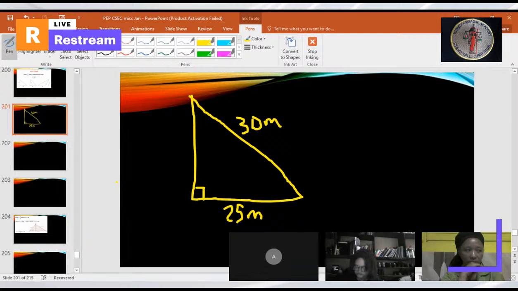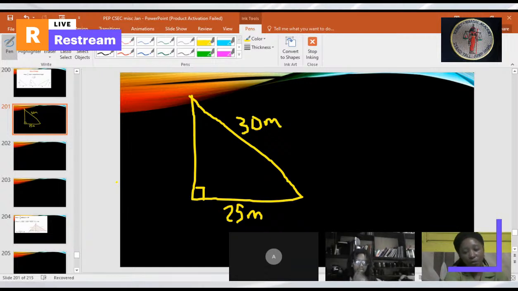The base of the triangle is 25 meters, and we have to find the height, miss. So we use Pythagoras' theorem to find the height.